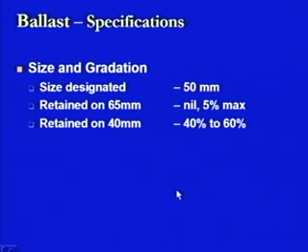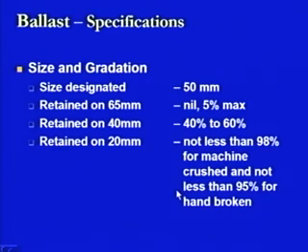Then retained on 40 mm should vary between 40% and 60%, and retained on 20 mm should not be less than 98% for machine crushed material, whereas in case the material is hand broken, it should not be less than 95%. So, this is the specification of the ballast.